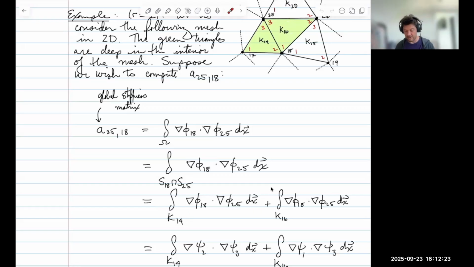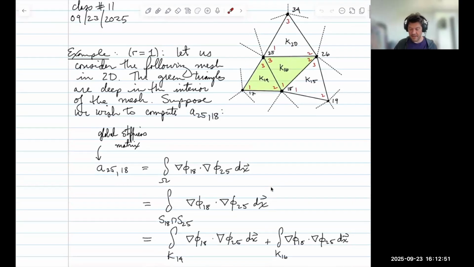We can delete points and sets of measure zero, and it doesn't change anything. So we've got to compute these two integrations: the integration over K14 of gradient phi 18 dot gradient phi 25, and the integration over K16 of the same.